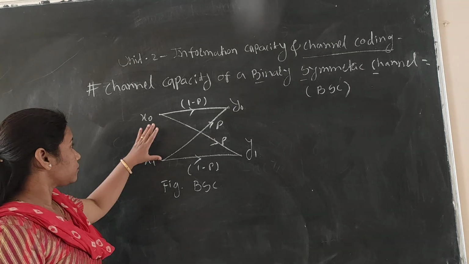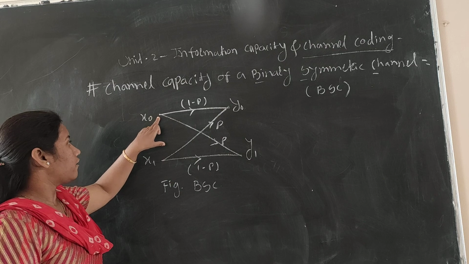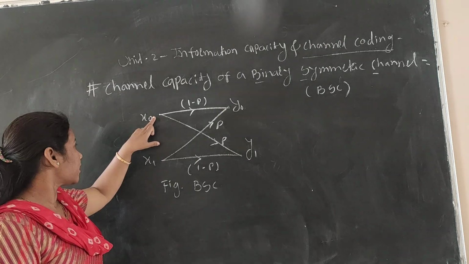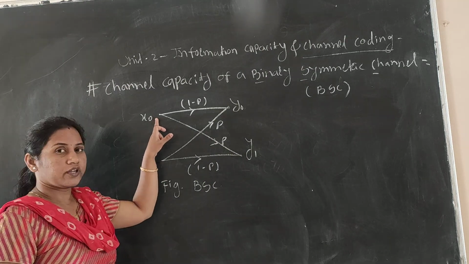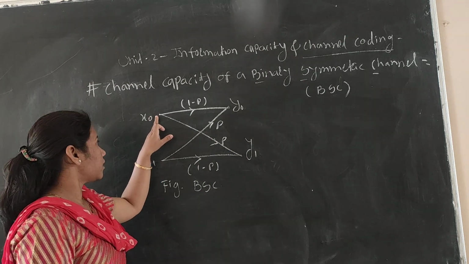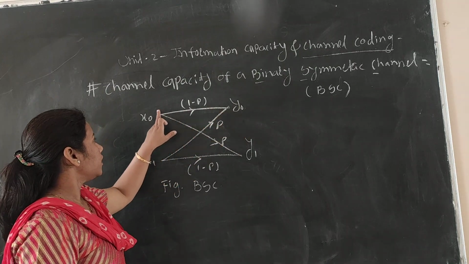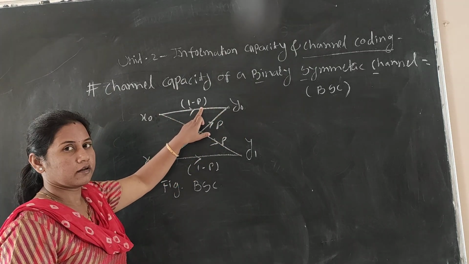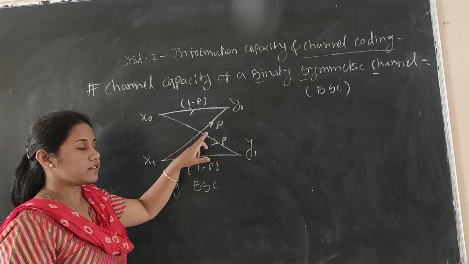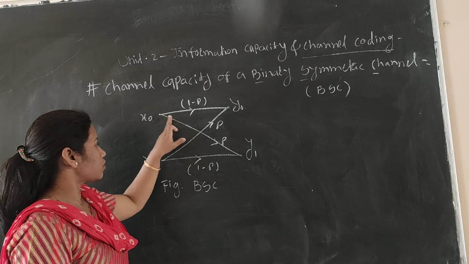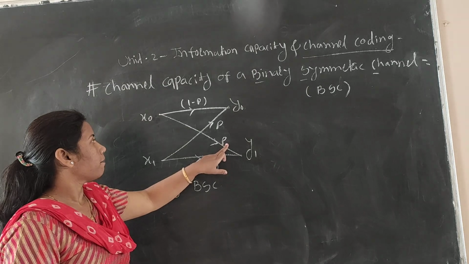See in this figure why it is called a symmetric channel. We have two information sources. The probability that information goes from x0 to y0 is 1 minus p, where p is a probability. When information is sent from x0 to y1, the probability is p.